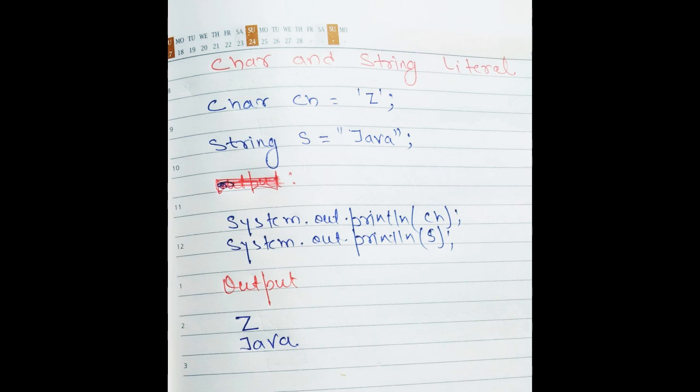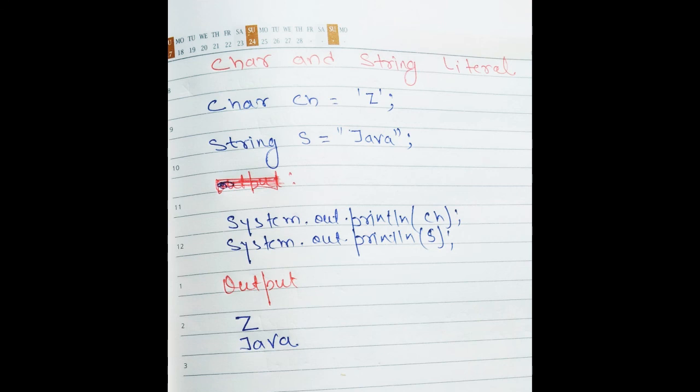So keep in mind, when a character is initialized, it will be in single quotes. When a string or a word is initialized, it will be in double quotes. When we see the output of this program, the output will be Z and Java.